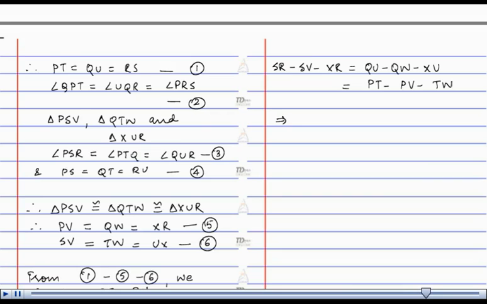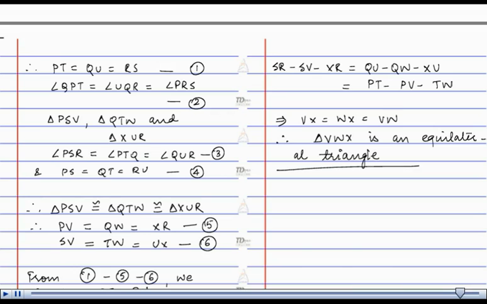This implies VX is equal to WX is equal to VW. Since all the sides are equal, therefore triangle VWX is an equilateral triangle. This is our required answer, which is option number 4.